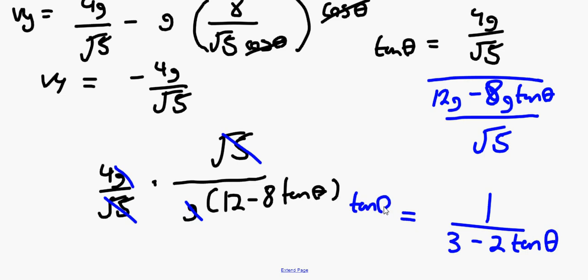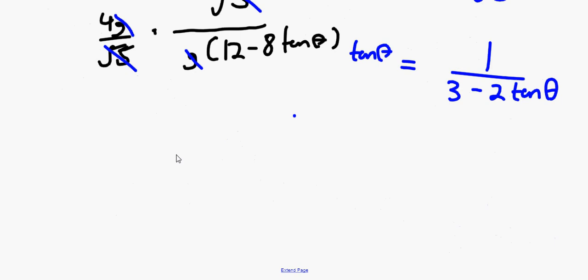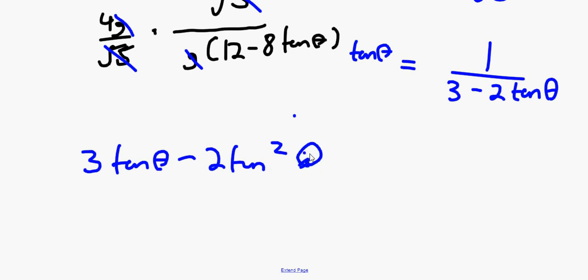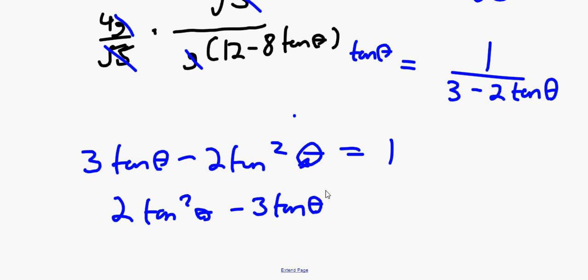We have essentially a quadratic equation. This quadratic equation will then turn out to be 3 tan theta minus 2 tan squared theta equals 1. 2 tan squared theta minus 3 tan theta plus 1 equals 0.